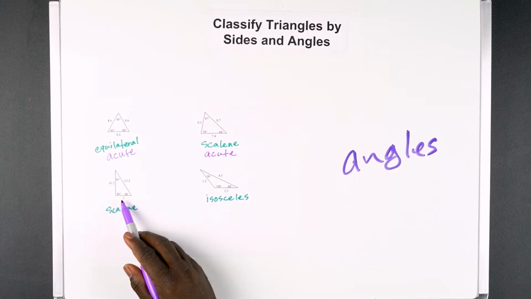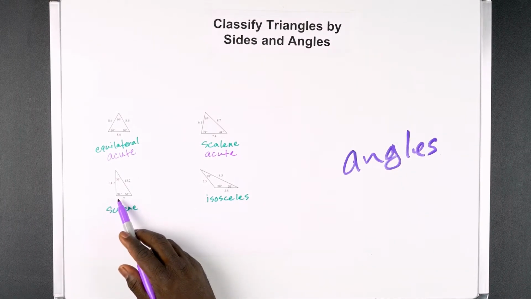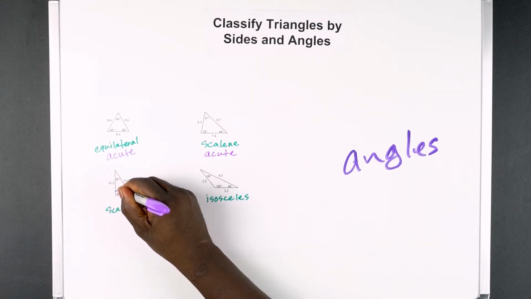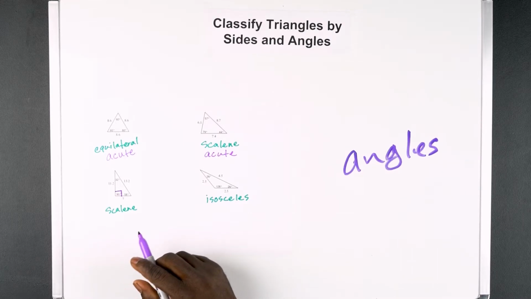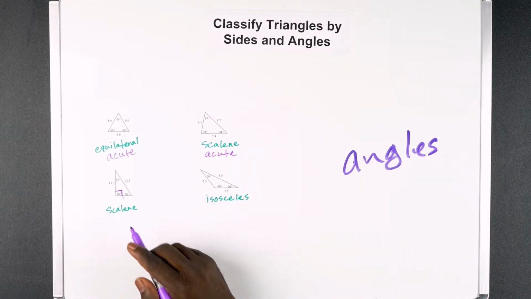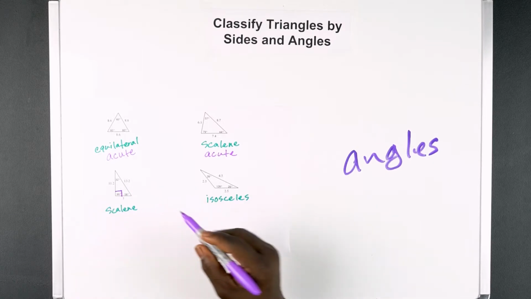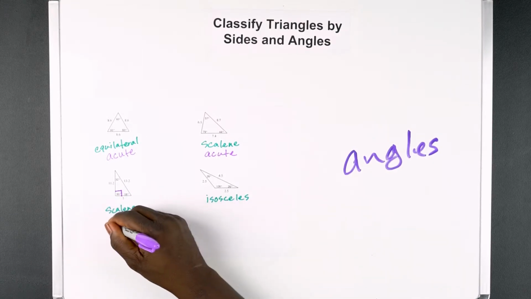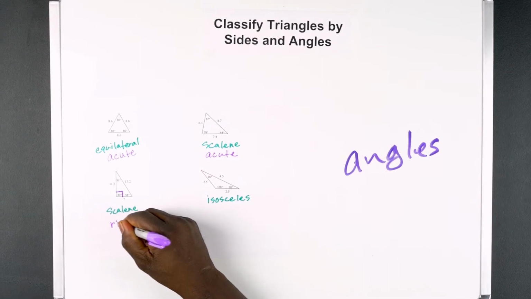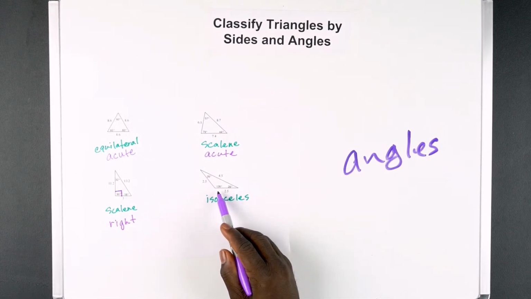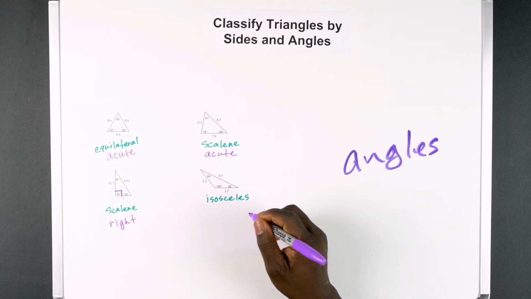Now starting over here, we notice that there's 90 degrees in this triangle. Usually you'll have a box here, and we'll go ahead and draw that. That box refers to a right triangle, or a triangle with 90 degrees. So we're going to label this as a right triangle. And then lastly, we notice that this angle measure in this triangle is 128 degrees.